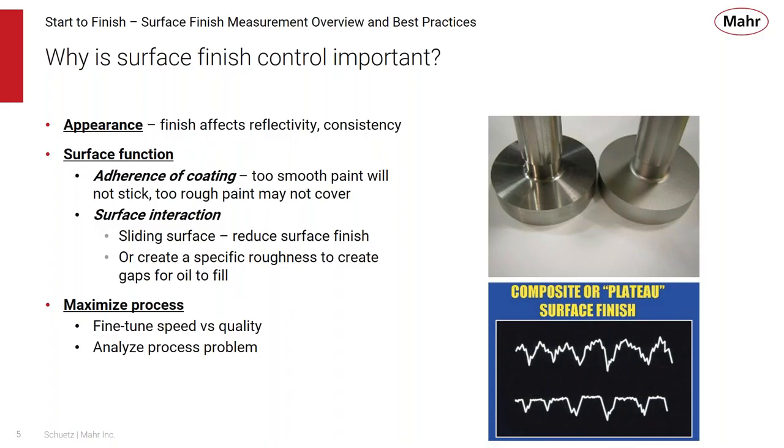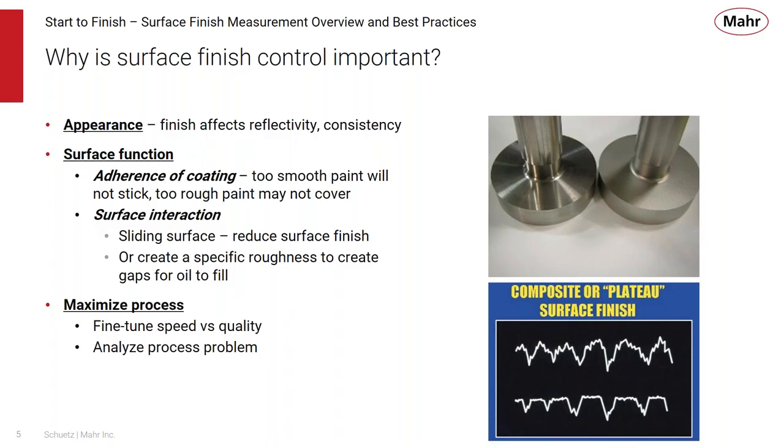And you can see here a couple of pictures of 2 parts with different surface finishes. One's kind of shiny, one's more matted, and the way the quality of parts appear to people can be very, very important. And so it's important to think about controlling surface finish to make sure that part appearance is consistent.